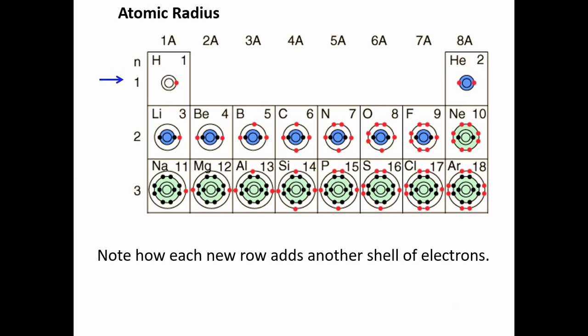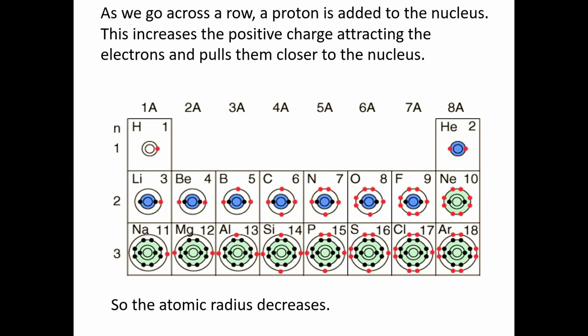As each new row is added, if you remember from your Bohr-Rutherford diagrams, which is what we've got here, with each row we add another energy level for the electrons to occupy. That necessarily pushes the electrons further out from the nucleus. And so with each shell, we are increasing the atomic radius. So it causes the radius to increase.